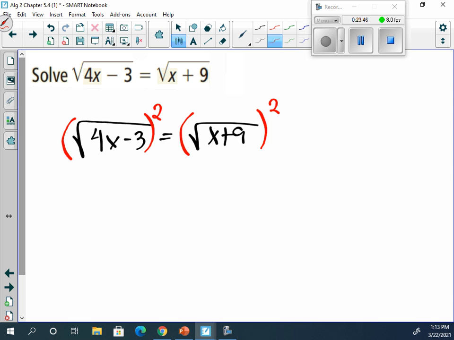And this works out really nicely because we only have one radical term on each side of the equal sign, so these will cancel out. What this will give us is 4x minus 3 on the left-hand side is equal to x plus 9 on the right-hand side.